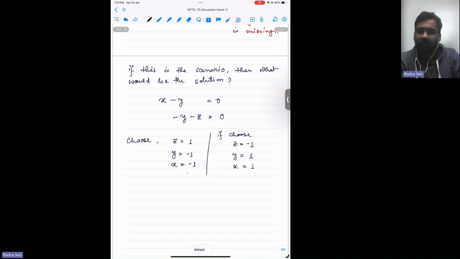So any of the solutions is right, because you will get many solutions. There is a condition, we will come up with that condition later, which signifies that a system of equations has many solutions, not a unique solution.